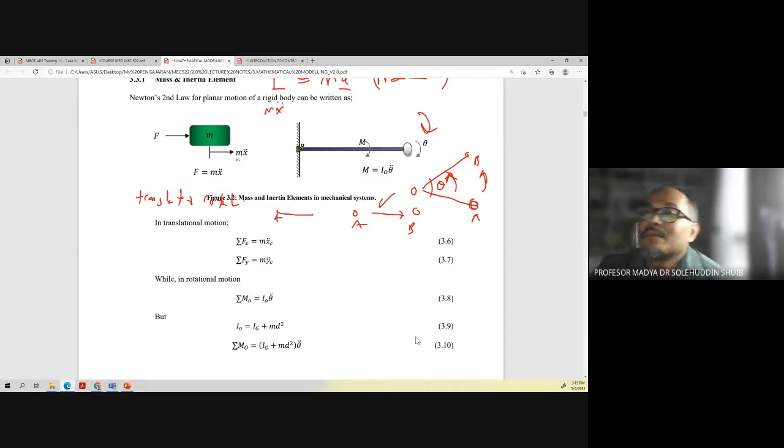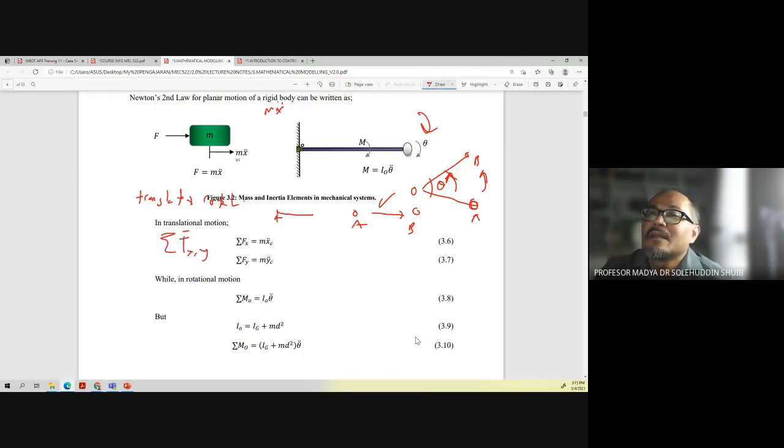Based on this diagram of the mass and inertia element, you can resolve the summation of force into x and y. The summation of force is m x double dot, and for y you get m y double dot.